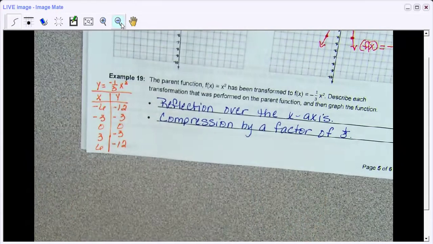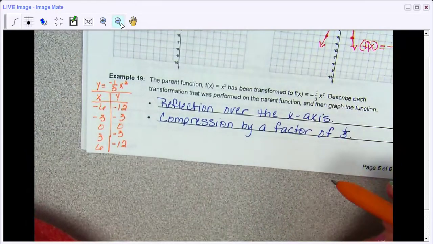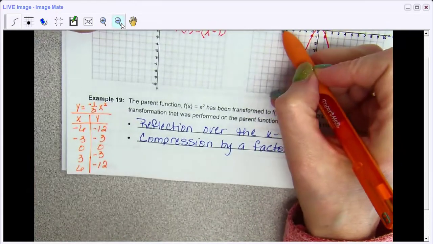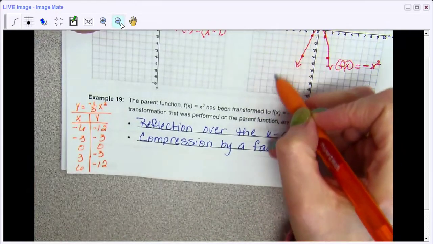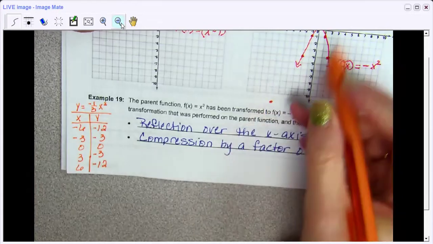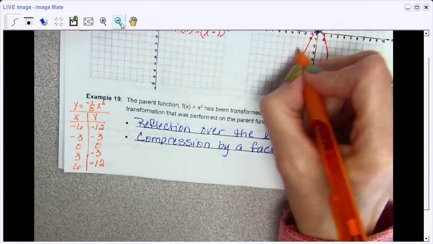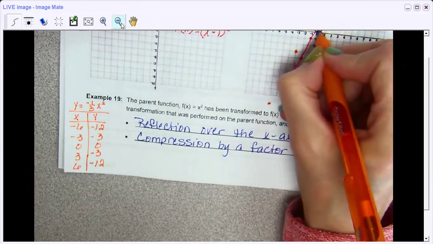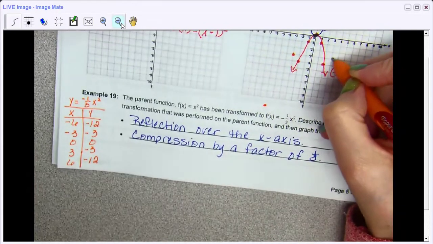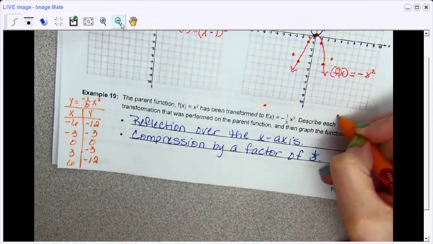Okay, so now let's graph that. So you don't have to do both of these on your homework. Okay, so let's go ahead and graph these. We're going to go -6 all the way down to about here, -12, -3. Okay, then 0 is up here. And then 3, -3, and 6, -12.